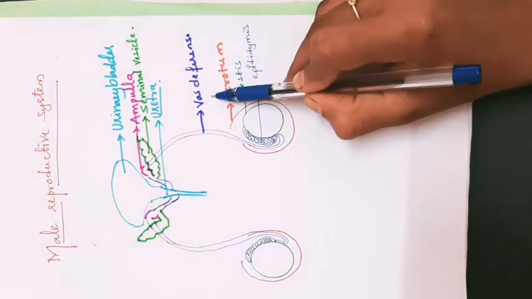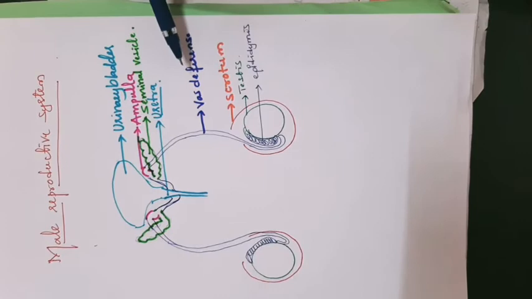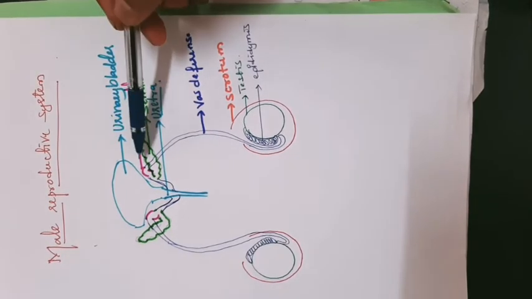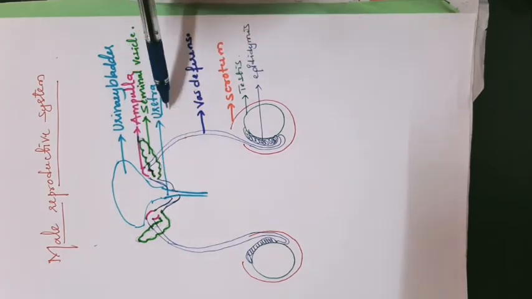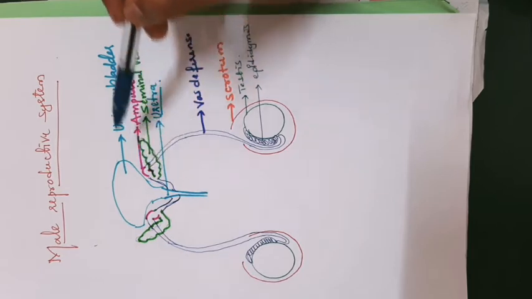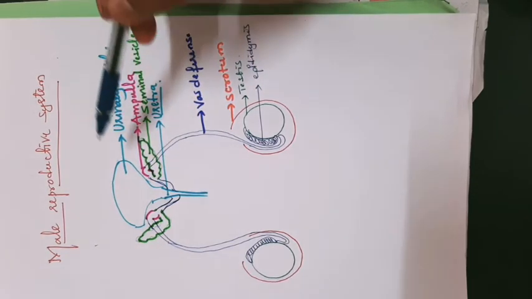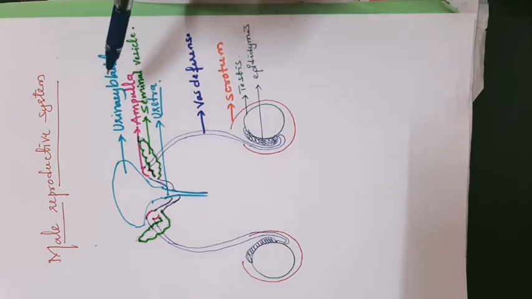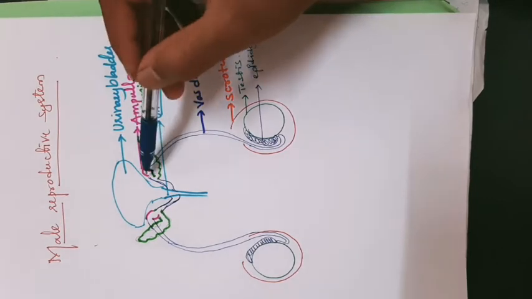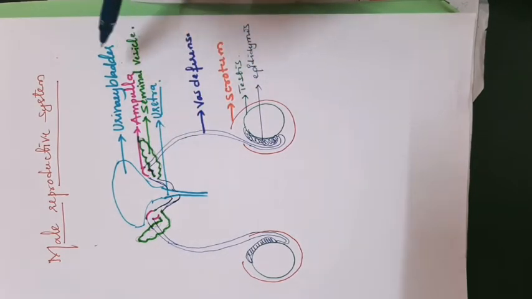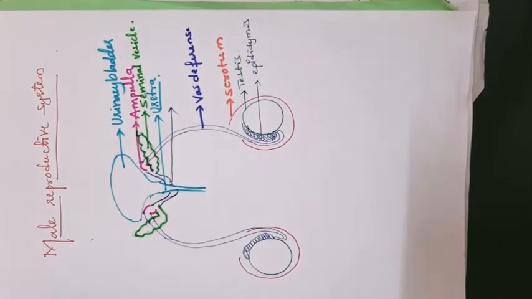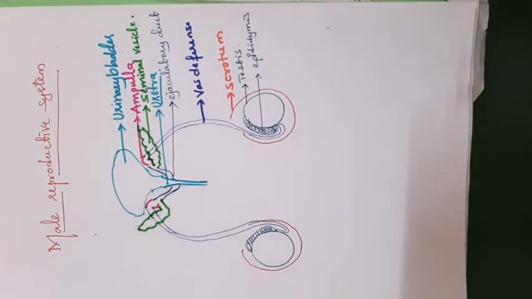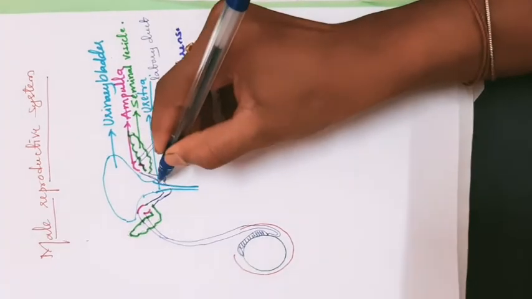At the end of the vas deferens, at the point where it is going to attach with the urethra, it has a swollen structure called the ampulla. At the ampulla region, two specialized glands, the seminal vesicles, are attached. The later part is renamed the ejaculatory duct. Then it connects with the urethra.